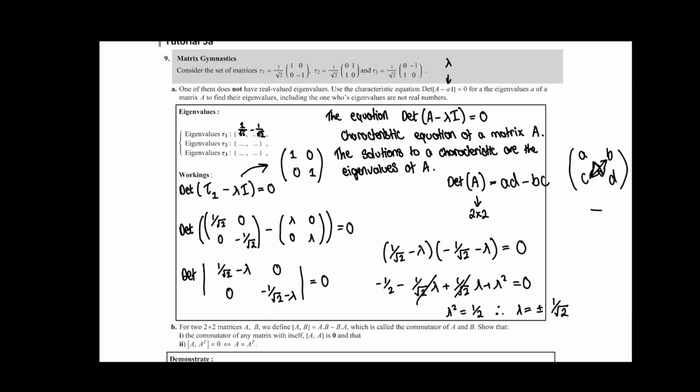If I now do the same thing with tau2, the determinant of tau2 minus lambda times the identity matrix is equal to 0, we will get the determinant of minus lambda, 1 over root 2, 1 over root 2, minus lambda is equal to 0.